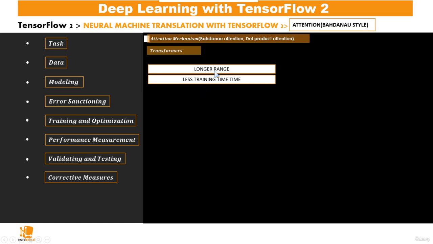We also have less training time, as with attention mechanisms we're dealing with less deep models. We can now do parallel computation very easily. Note that with RNNs, parallel computation is more difficult as compared to working with ConvNets or attention models.